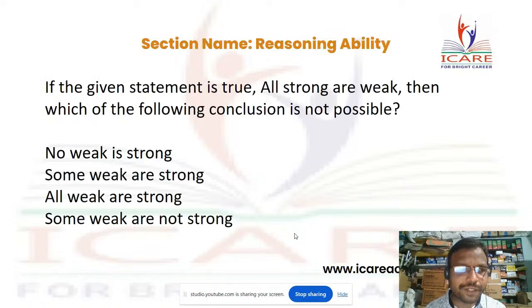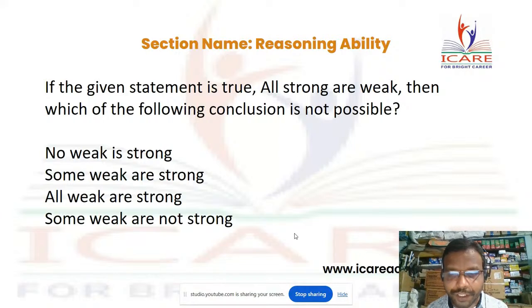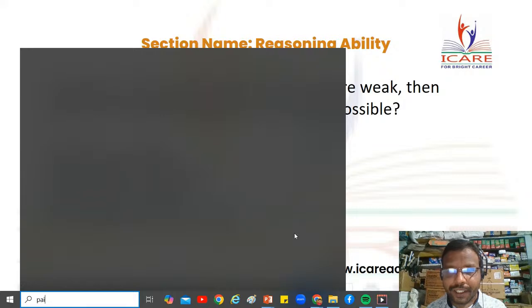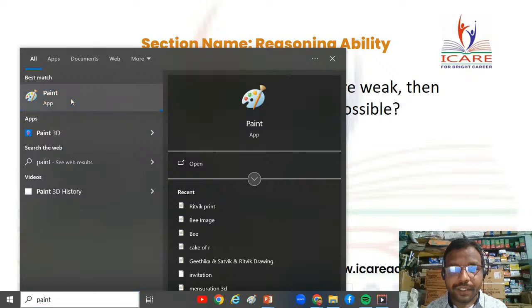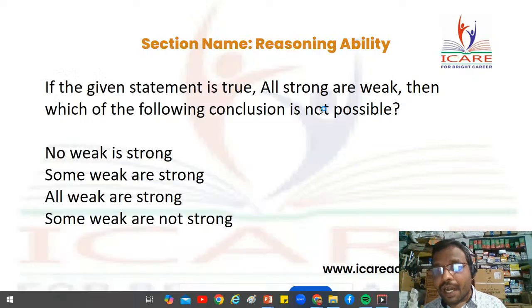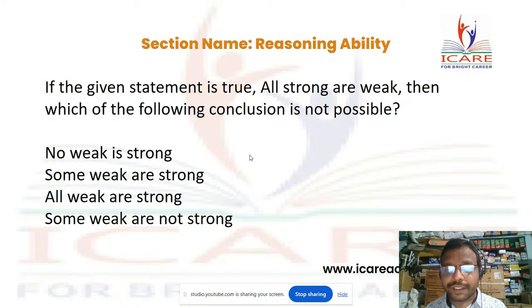So for example, if you have to take some questions like: all strong are weak, then which of the conclusions is not possible? So remember, in this particular question, all strong are weak, which conclusion is not possible.